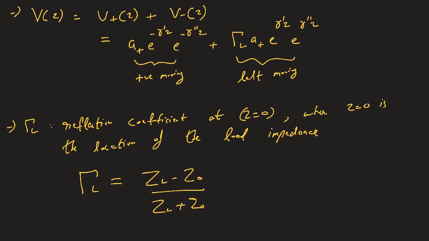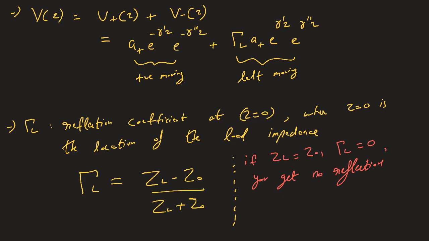And so what we saw is that if ZL is equal to Z naught, then this factor gamma L is equal to 0, and so you get no reflections, right? And this is known as impedance matching, a matched impedance.